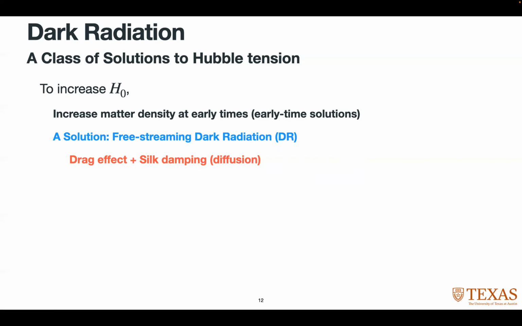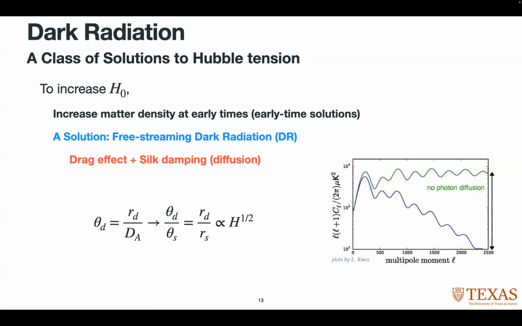And also there is Silk damping, which is caused by the diffusion of photons. Without Silk damping, or no photon diffusion, the acoustic oscillation goes like this. But this damping comes from the photon diffusion. Similar to the sound horizon angle, there is a diffusion angle, given by r_d, the scale of the diffusion, divided by the angular distance.